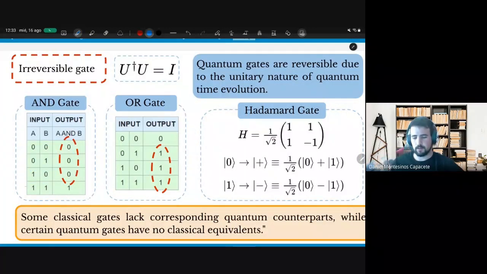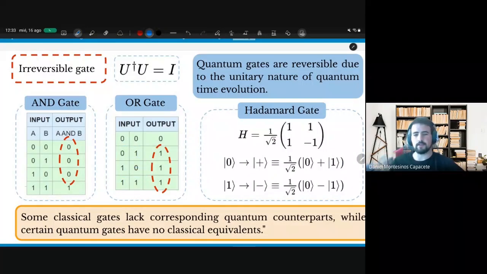That's why it is irreversible: you cannot know the input knowing the output. The same happens with the OR gate. You have the same output for three different inputs, so you cannot know the input if you know that the output is one, for example.